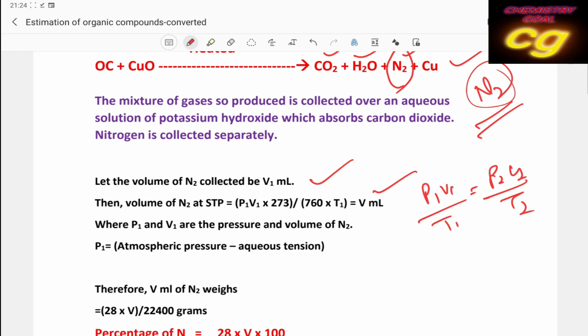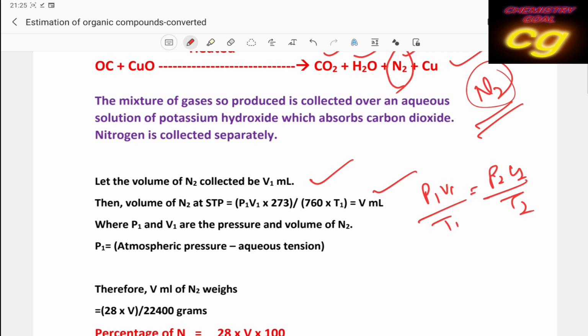P1 is the pressure in that laboratory experiment, from the barometer, and you also calculate the temperature in this condition. Then note down how much volume of nitrogen was collected. Then put these in the combined gas equation, and we will convert the volume of nitrogen to NTP.